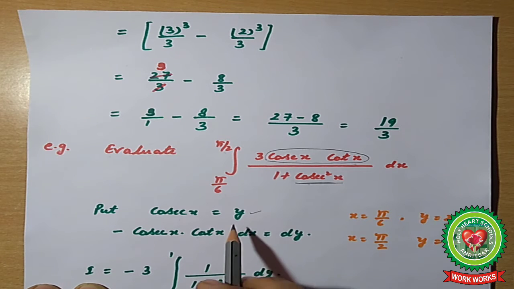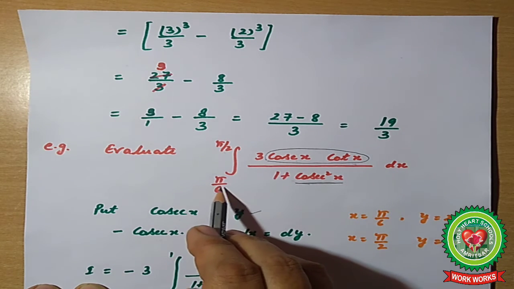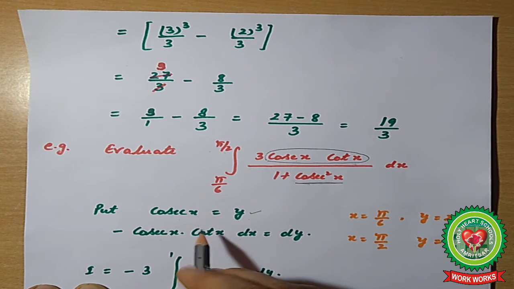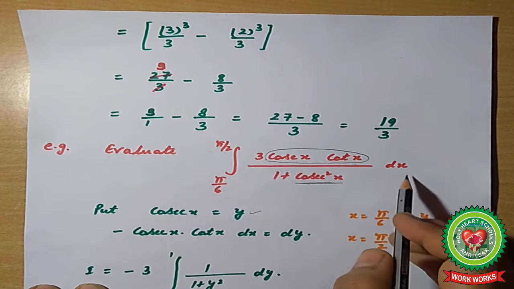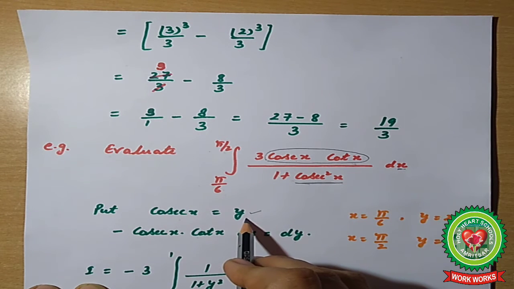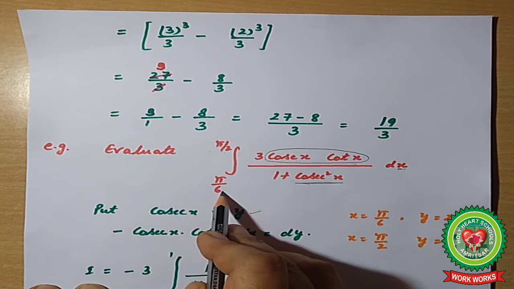Now when we substitute the value, we will change the limits also according to the respective variable. Because this limit is for the x function, we will find the limit for y, because we integrate with respect to y now. First we put the lower limit.